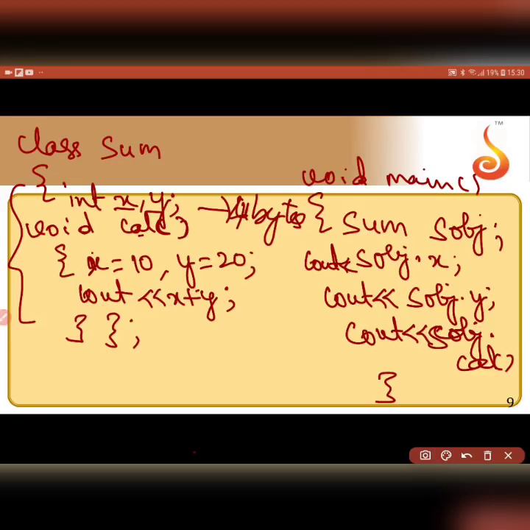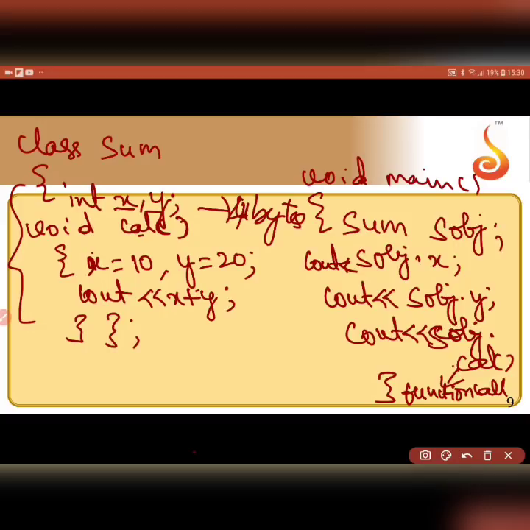Remember this one, what is the value of this? It should print 10 here, it should print 20 here, and then this is called the function call, right? I am calling the function using the object and dot because it is a member function of a class. If it is not, then directly I will say cal, and it will execute if it's a standalone function.